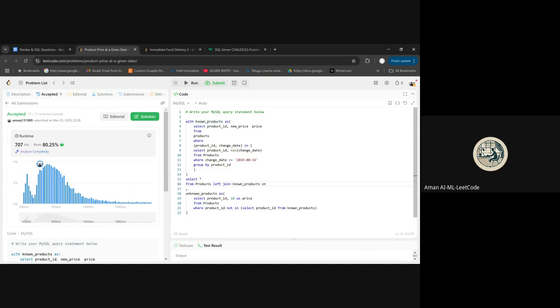Let's call this P, and known products KP. So P.product_id is equal to known_products.product_id. Let's just see what we get here, and it will become clear.